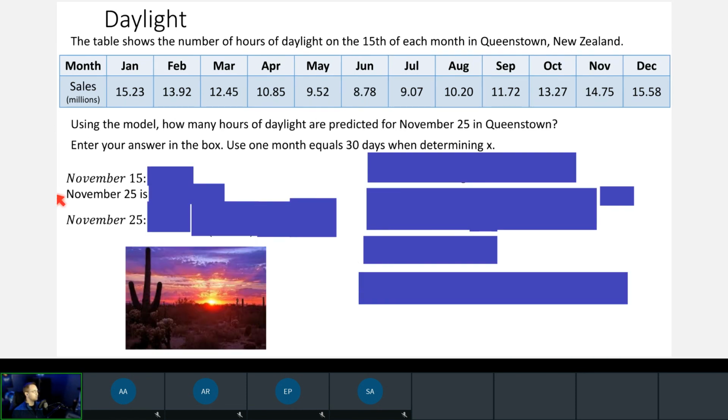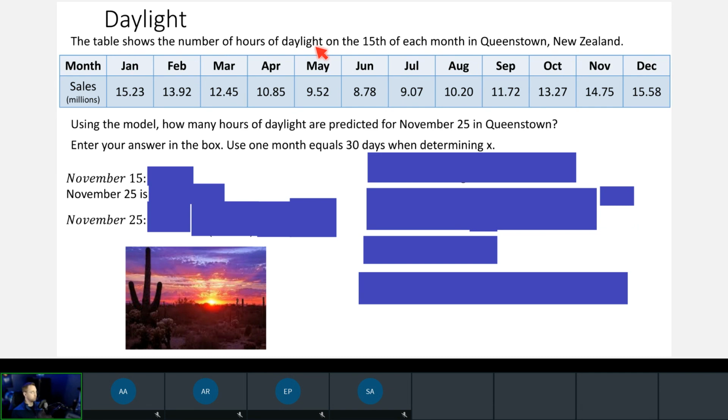All right. Same question. We still got another Arizona picture, even though this problem takes place in New Zealand. So again, when x is 1, when x is 2, when x is 3, it's giving you the hours of daylight on the 15th of every month.